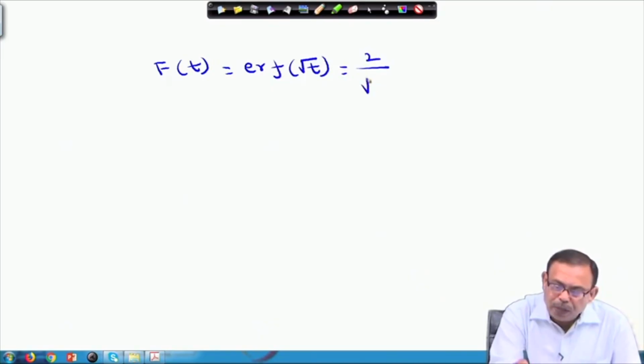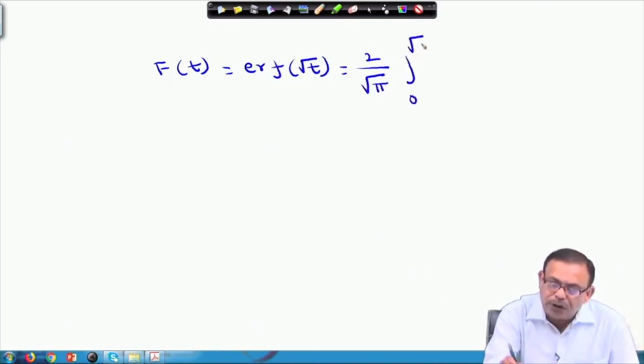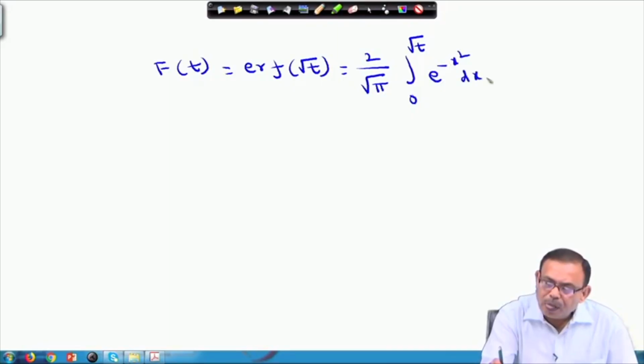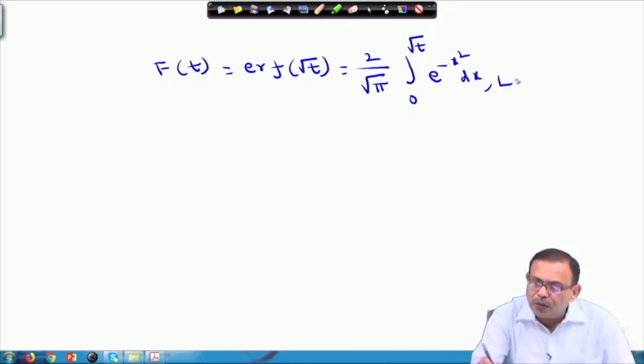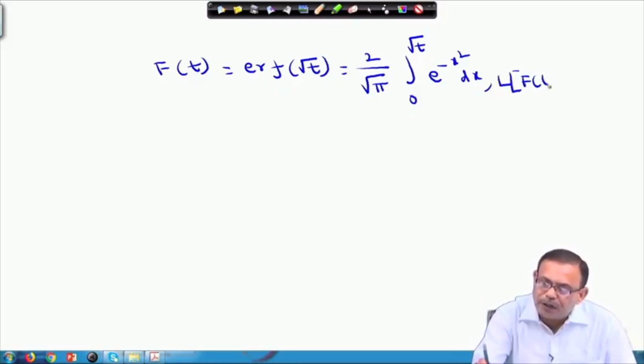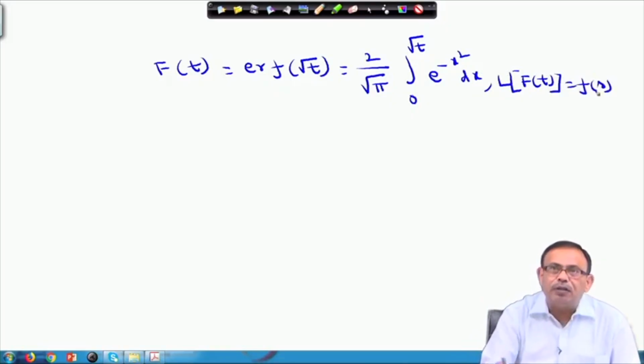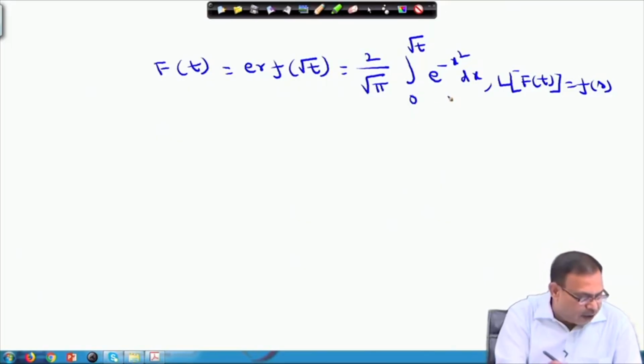By definition, 2 by root pi, integral from 0 to root t, since root t is there, of e power minus x square dx. And of course, we are assuming that the Laplace transform of f t is nothing but say f s.